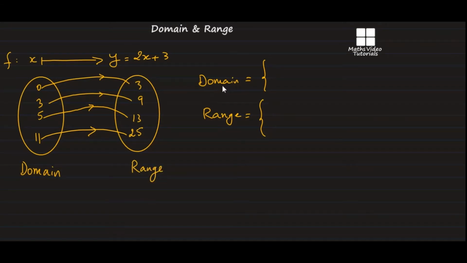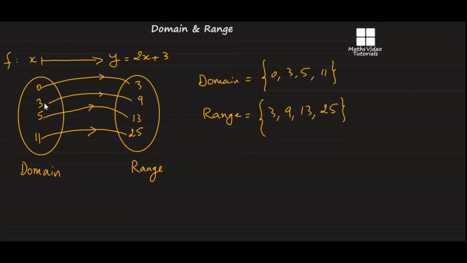So we're going to say the set of domain, you can write it down as a set like this with a curly bracket, and you just write down the values here: 0, 3, 5, 11. For the range of the function f are these values here: 3, 9, 13, and 25. And you close your bracket.